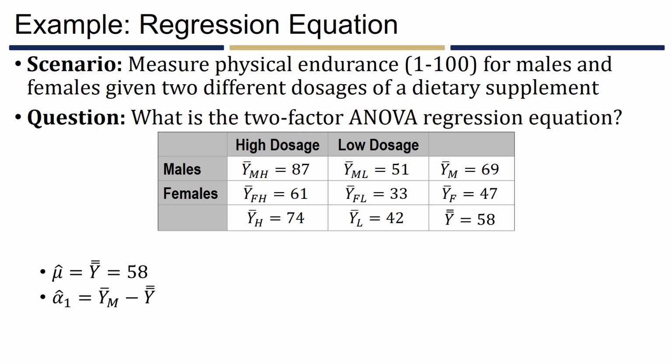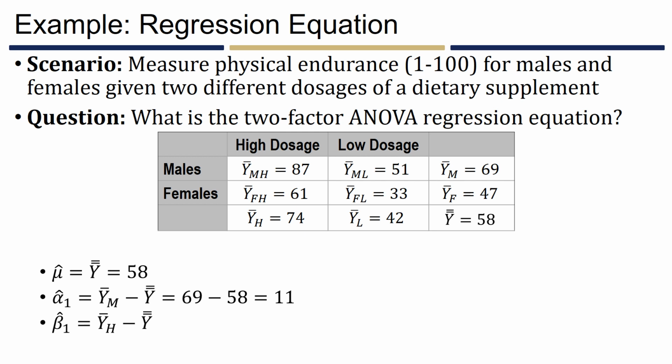Alpha 1 hat, which corresponds to the dummy variable for gender, is found by taking the sample mean for the males and subtracting off the grand mean. Now, we're using the sample mean for the males here because they were coded as 1 in the dummy variable. This is going to give us 69 minus 58, so alpha 1 hat is equal to 11.